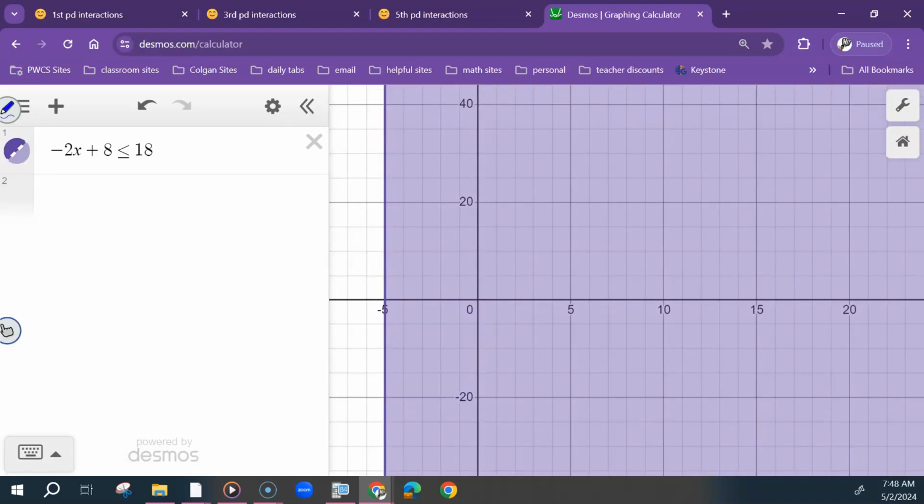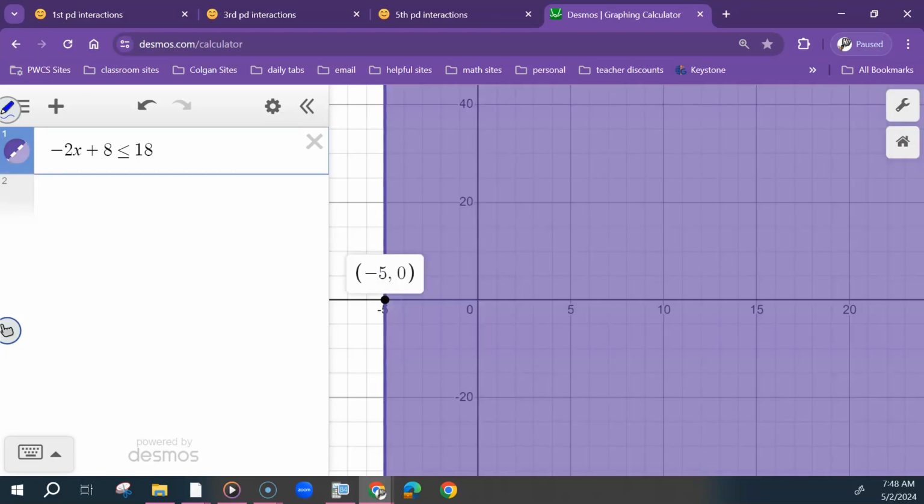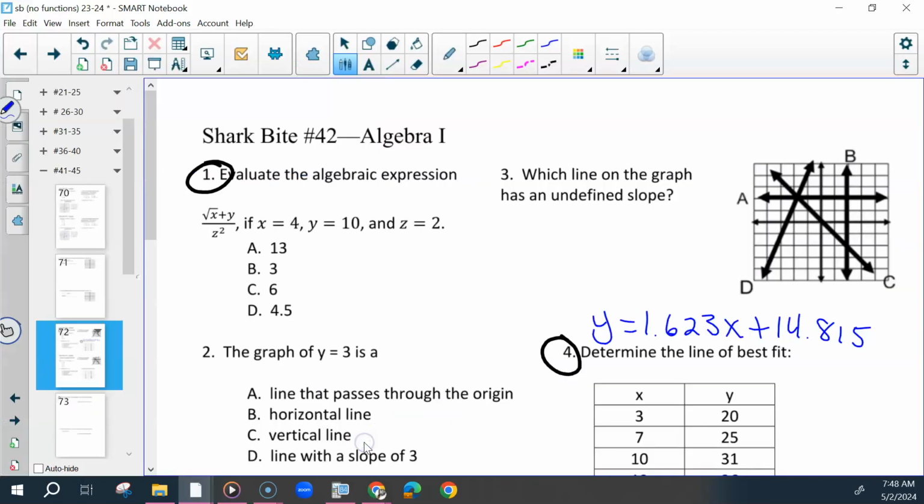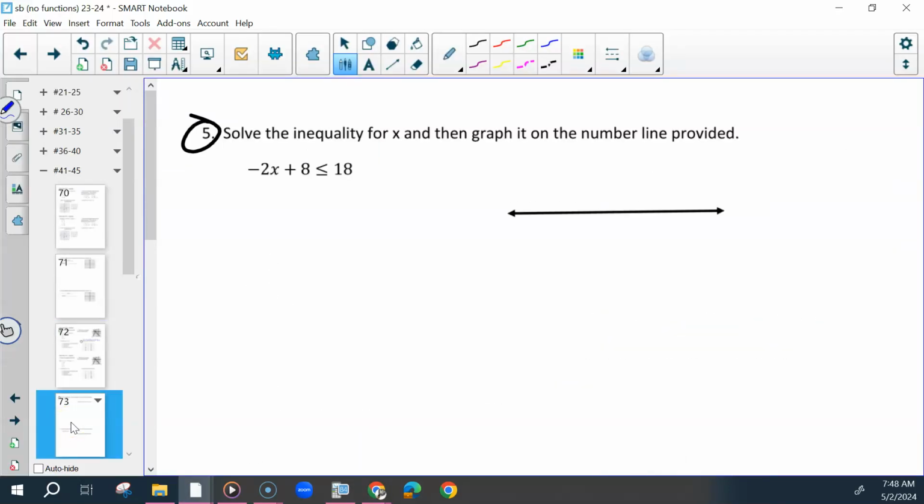Right now this line is solid, so that would be a closed point at -5, shaded to the right. You would write x is greater than or equal to -5. And I can put -5 here, it would be closed, going to the right. And you would say use Desmos if you didn't solve it algebraically.